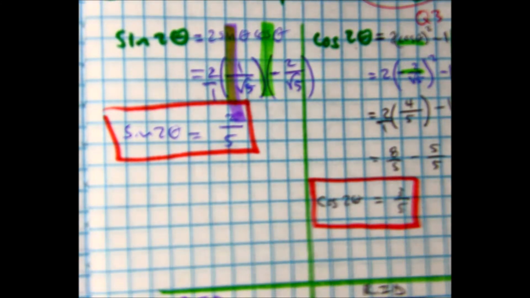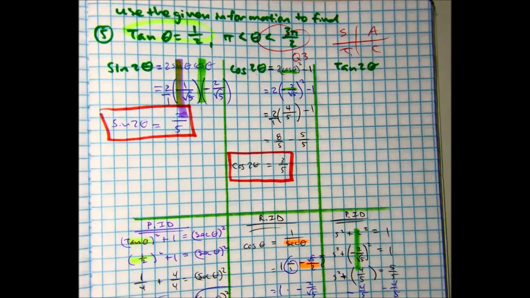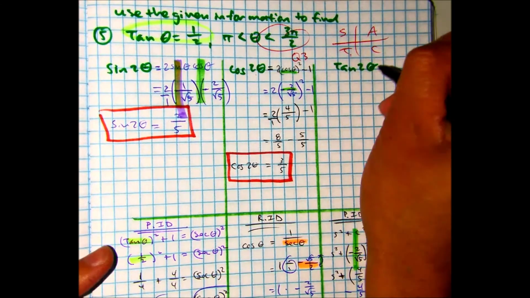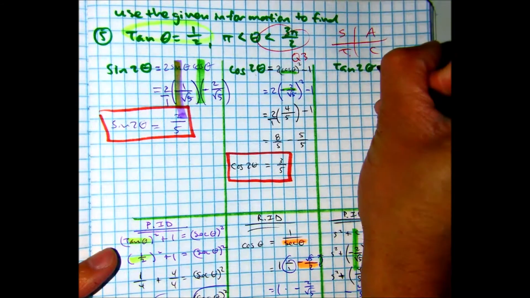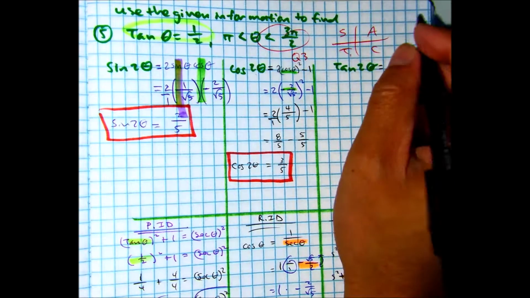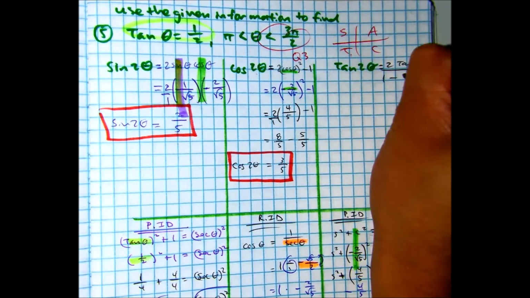Okay, let's talk about tangent. There's a couple ways you can find tangent. You can use the double angle identity for tangent. You can use 2 times tangent of theta over 1 minus tangent theta squared.